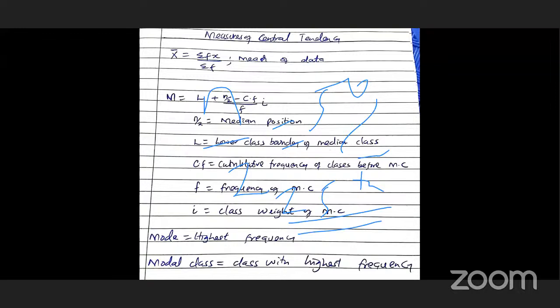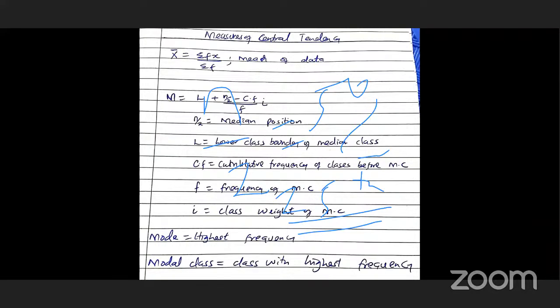L is the lower class boundary of the median class. So a question would be, what is the median class? The median class is that class that has the median position. Remember, we started by saying that data is grouped into various classes. So the class where position 25 is, we take its lower class boundary.